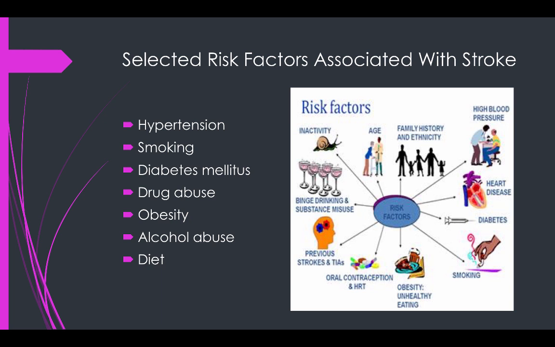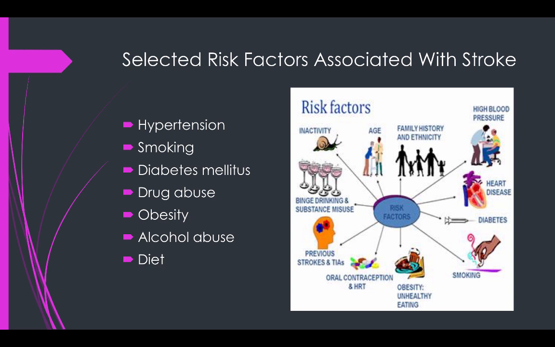Things that we can control: inactivity is an increased risk factor. Drinking and drug substance abuse is an increased factor. Obesity or unhealthy eating is an increased risk factor. Smoking, again, increased risk factor.